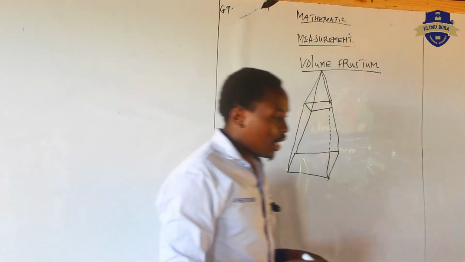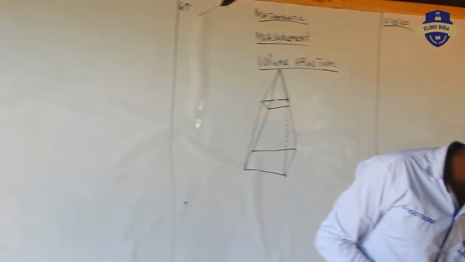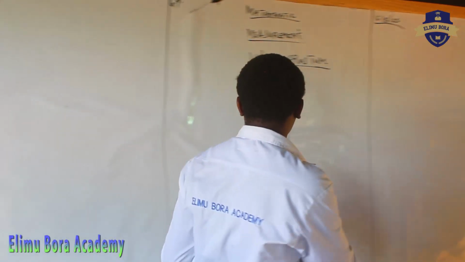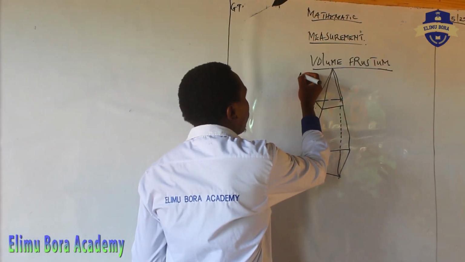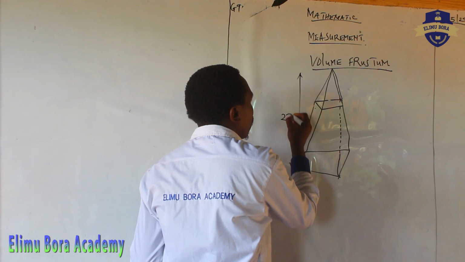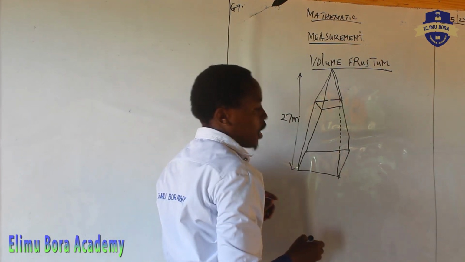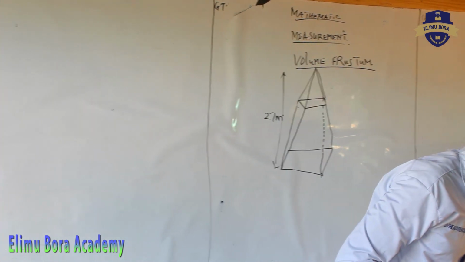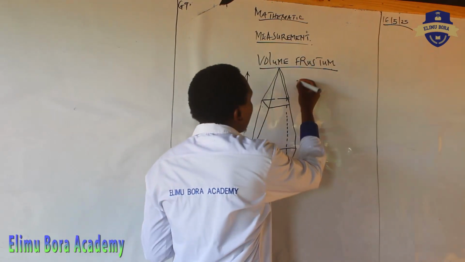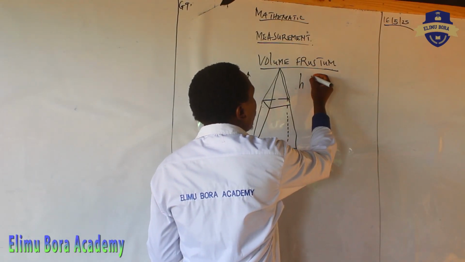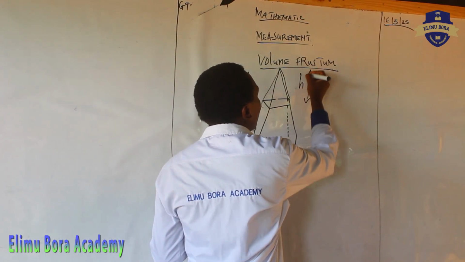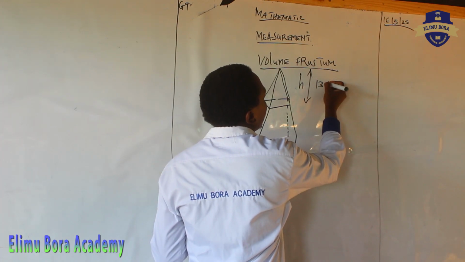So let's use an example of our book, where we have been given the longest distance of this Frustum to be 27 meters. And the shortest distance, the height of the shortest distance, to be what class? 13.5.